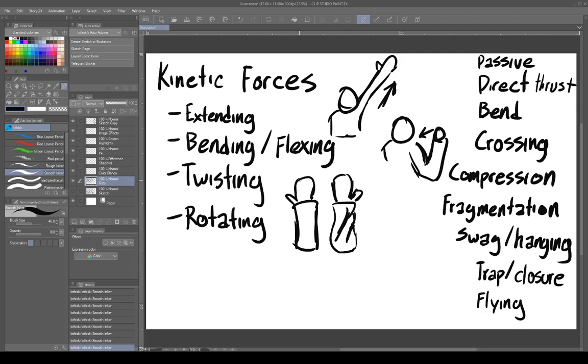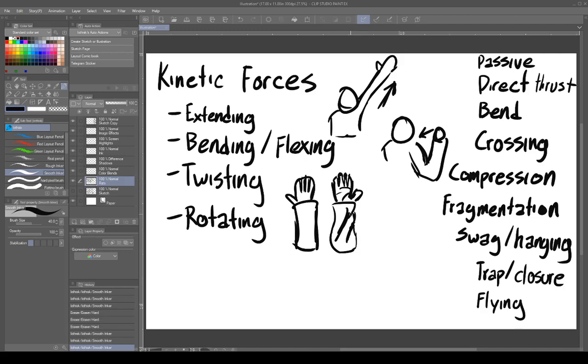So we've got a back of the hand view here and a front of the hand view here. This is what I'm talking about when I'm talking about twisting.